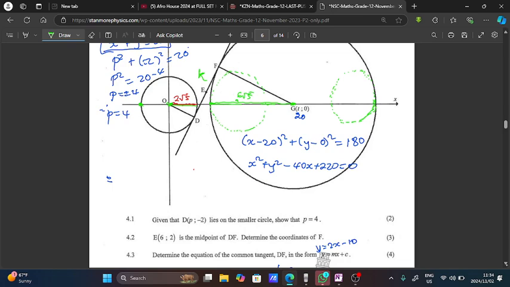And now the outer circle radius minus the smaller radius, from this length of 20 units, minus this part, the outer radius minus the diameter.